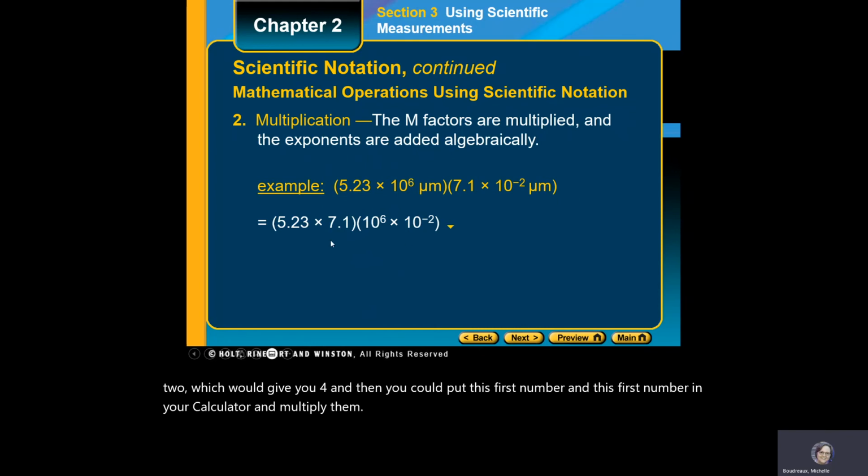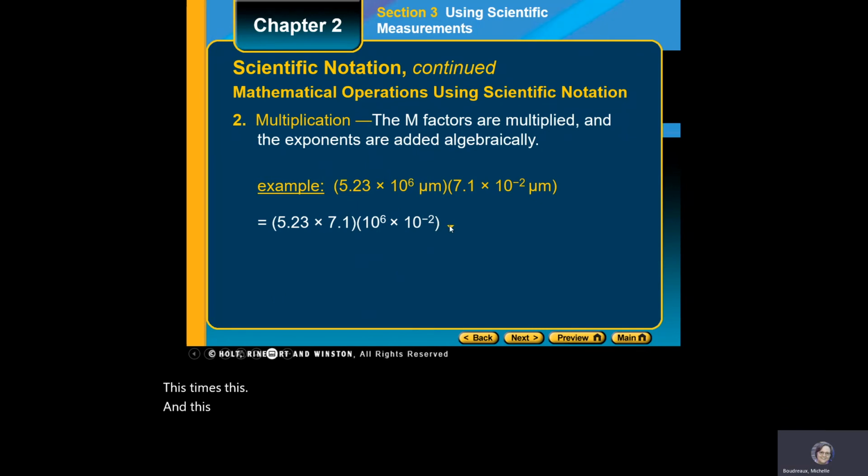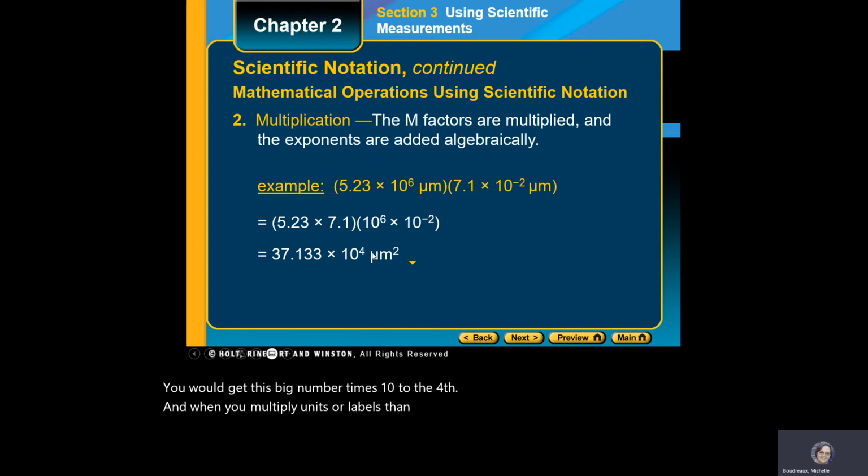And then you could put this first number and this first number in your calculator and multiply them. Let's see how that comes out. This times this, and this times this. You would get this big number times 10 to the 4th. And when you multiply units or labels, then just like an x or a y in an algebra problem, you raise it to a higher power.